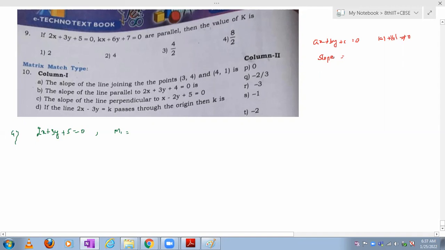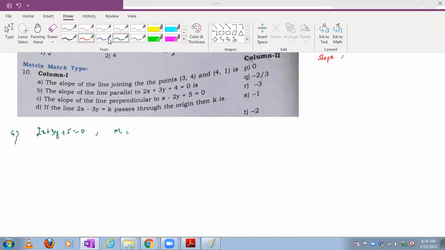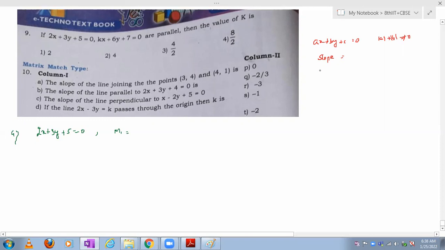So generally, if I change this into y is equal to mx plus c form, then by will be equal to minus ax minus c. Then I'll divide both sides by b, and I'll get y is equal to minus a by b into x minus c by b.